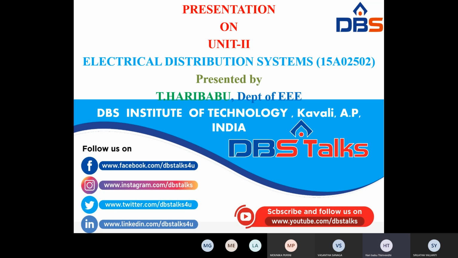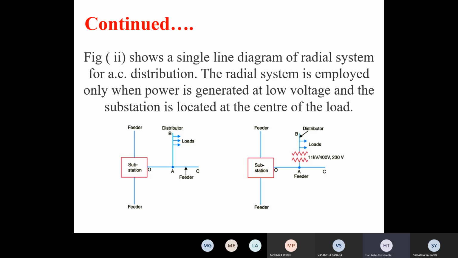So look at the figure. This is figure 1, a single line diagram of a radial system for a DC distribution system, where OC is the feeder, which supplies a distributor AB at point A. Every feeder has its own; they don't combine.